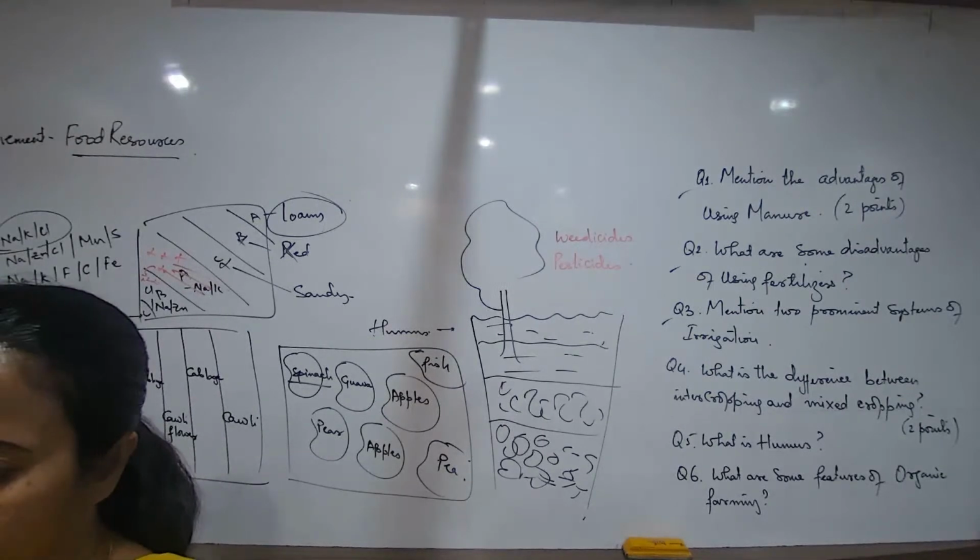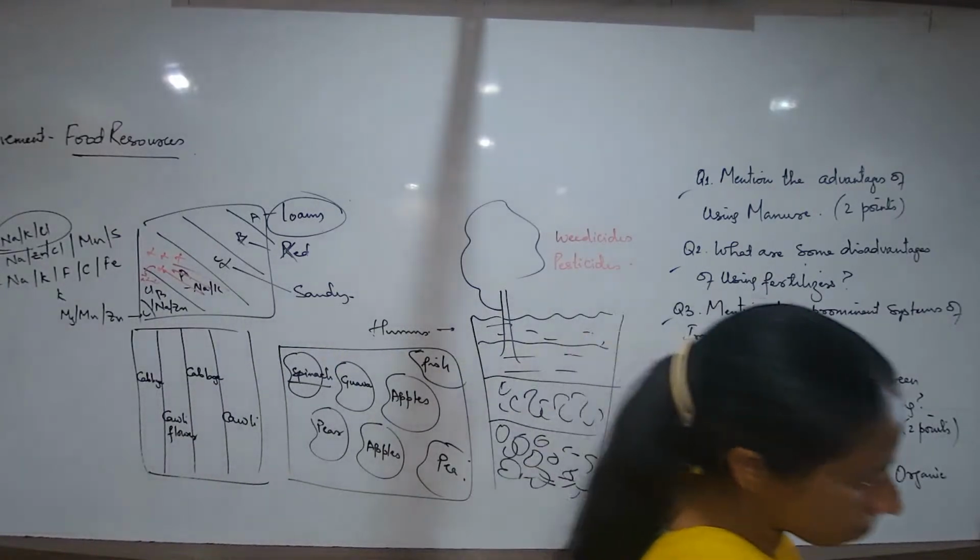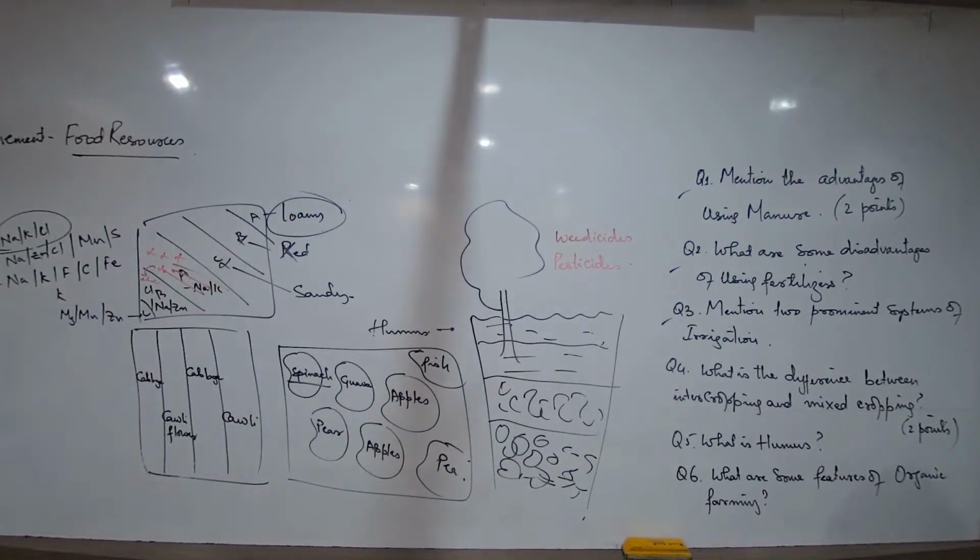Third point: green manure can be formed by mixing the weeds with the soil, making the soil even more fertile.